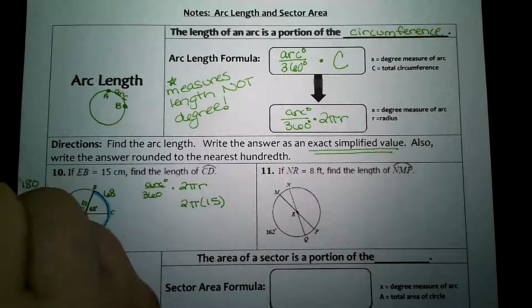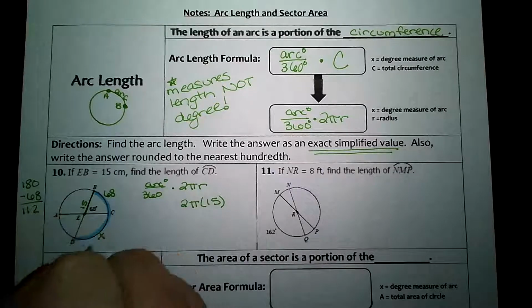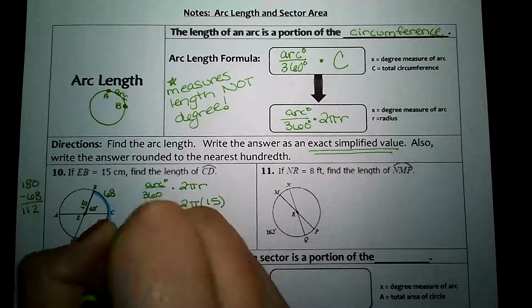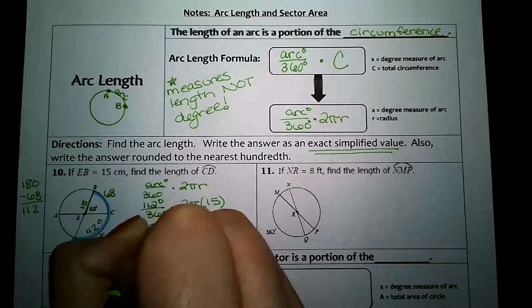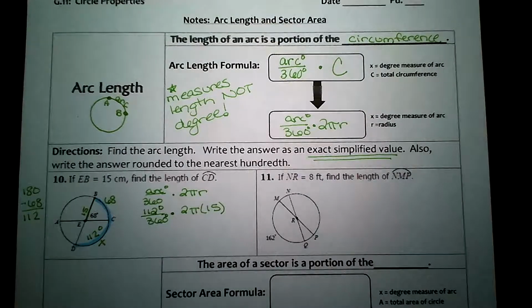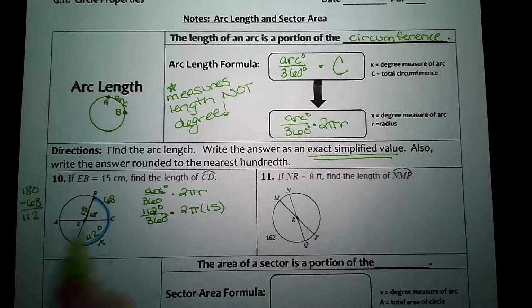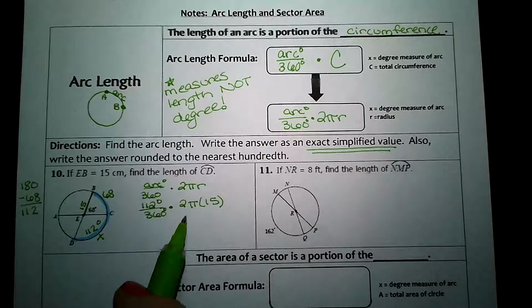So 180, take away our 68 degrees, leaves me with 112 degrees for our arc. Now, that is not our answer. We are not finding the measure of the arc. We're finding the length of the arc. They're two separate things. The measure of the arc is 112 degrees. The length is something we still have to work on.